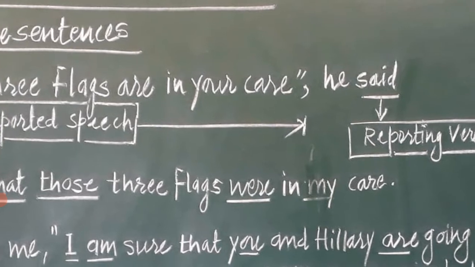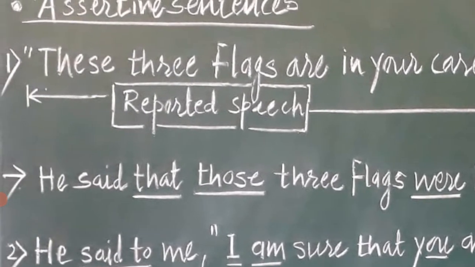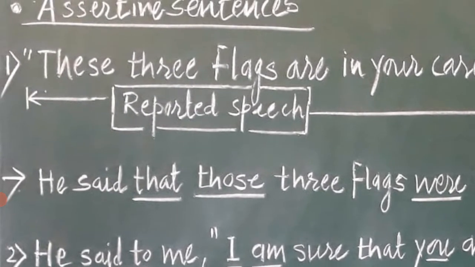Let us see what exactly we have done here. The indirect speech has begun with "he said." Since to whom it is said is not given, said remains as it is.